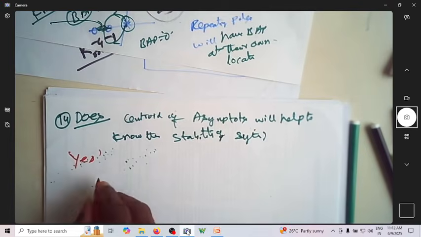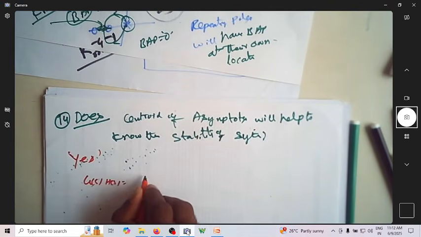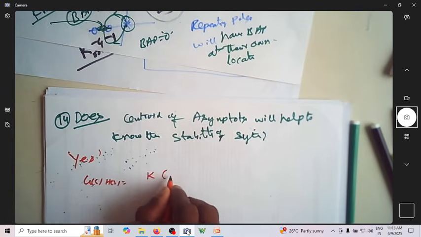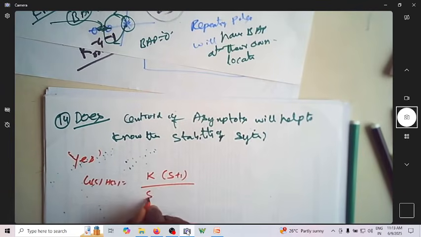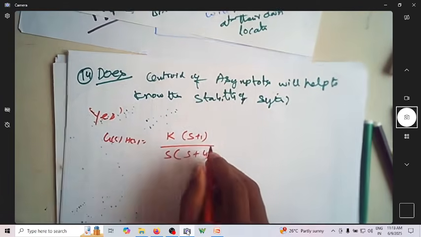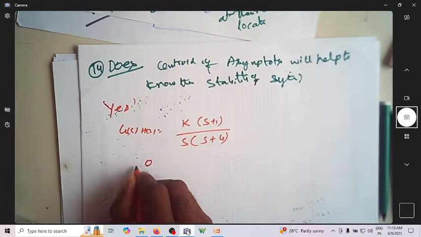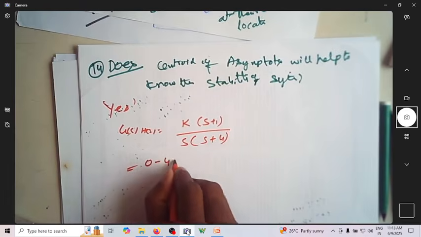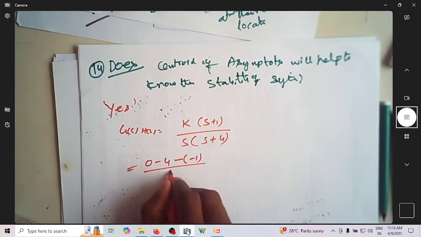Take an example where G(s)H(s) is K into (s plus 1) by s into (s plus 4). What is the centroid of this? The centroid is 0 minus of 4 minus of minus 1, by 1.